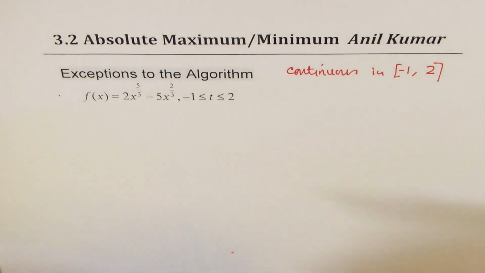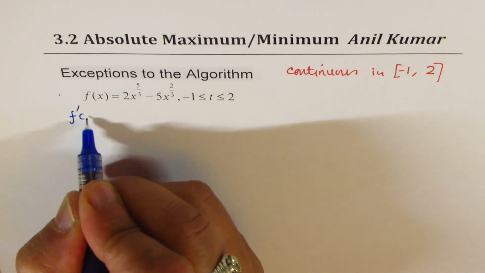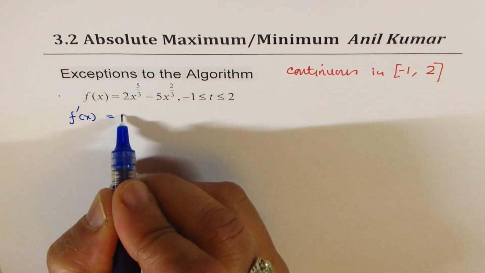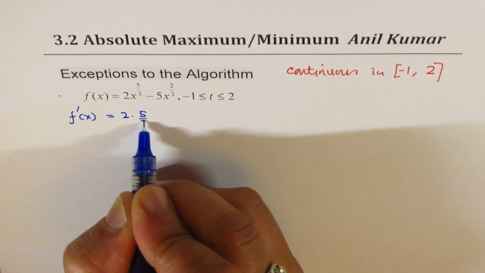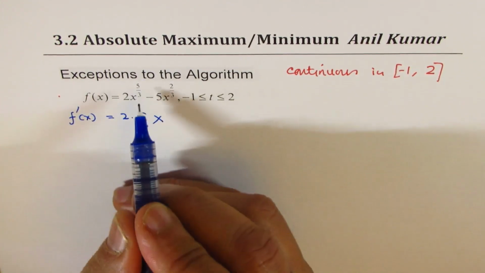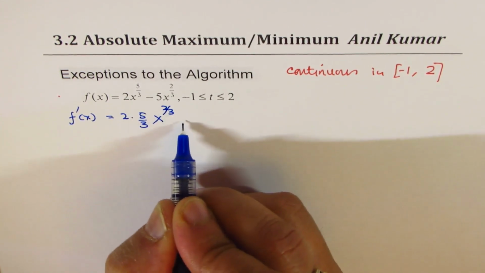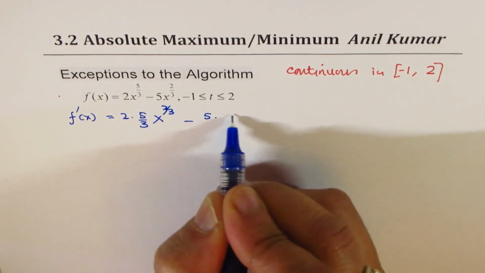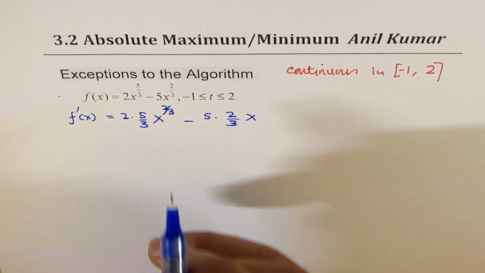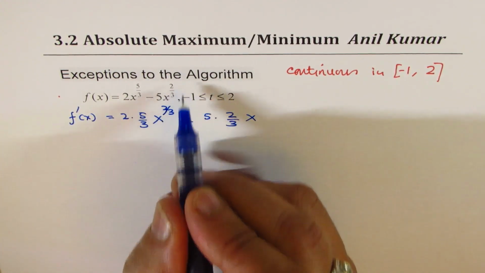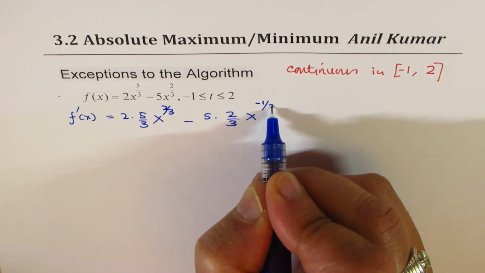So now we'll look for the derivative of the function, right? So the derivative of the function is 2 times 5 over 3 x to the power of 5 over 3 minus 1, that gives us 2 over 3, minus 5 times 2 over 3 x to the power of 2 over 3 minus 1, which is minus 1 over 3.